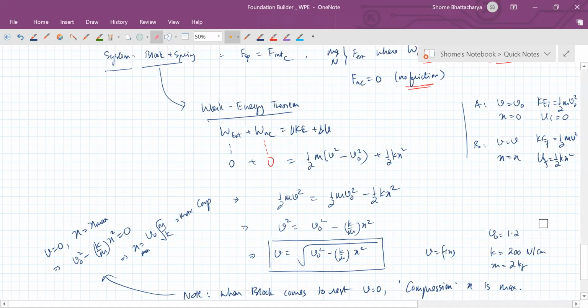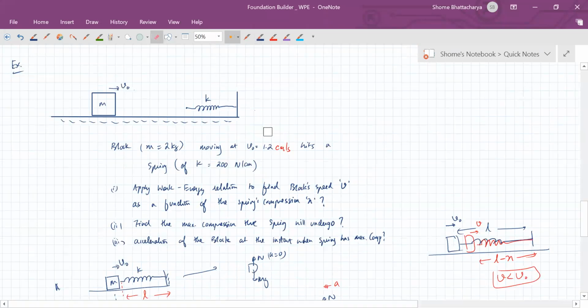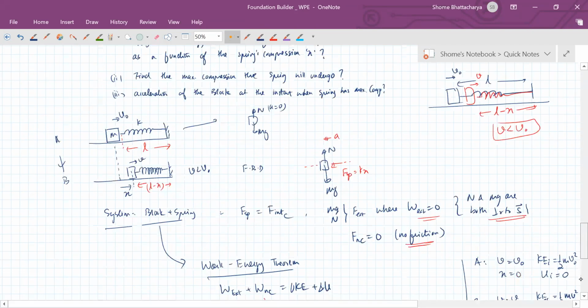And we'll let V naught remain 1.2 meters per second only. So let it be the same value which I had given originally.